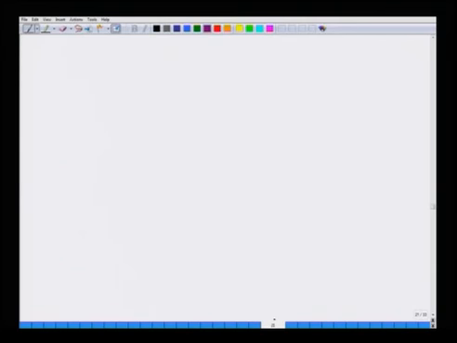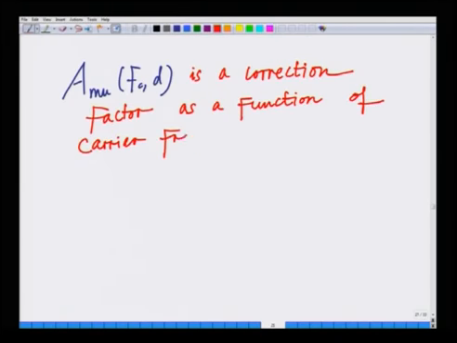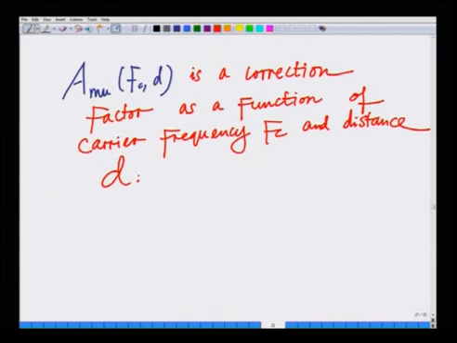And the other components, which are A mu Fc comma d, which depend on the carrier frequency, this is essentially a correction factor as a function of carrier frequency Fc and distance d, and these have been tabulated.